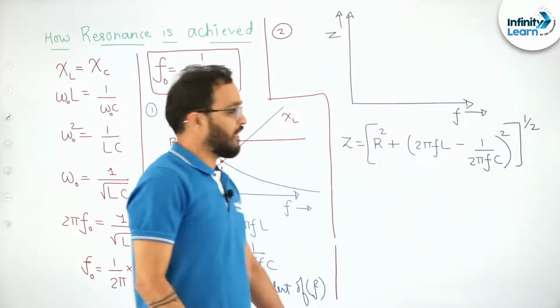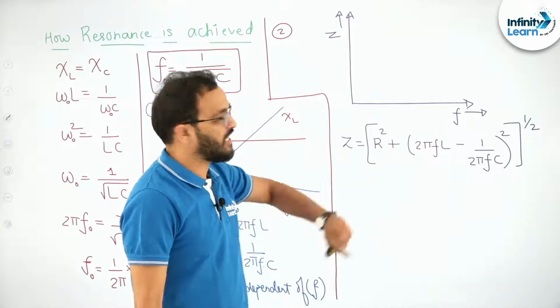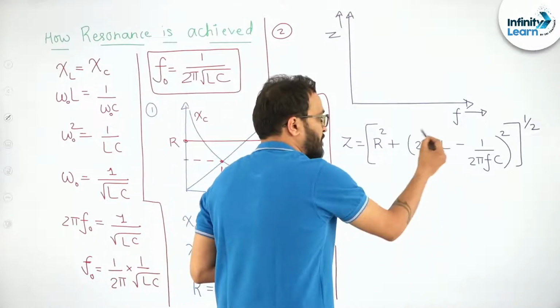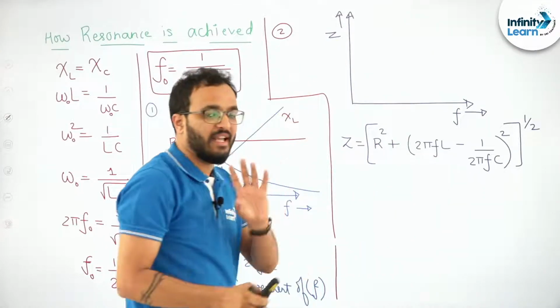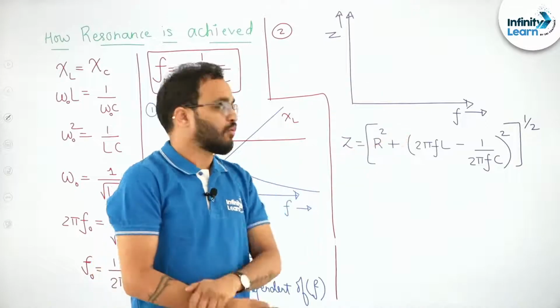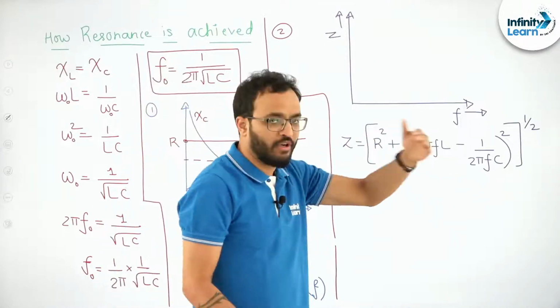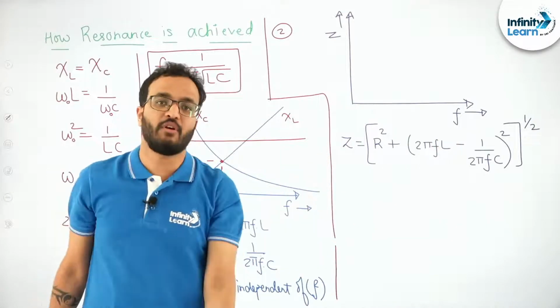Now if you increase the value of f, what will happen? This particular parameter will rise, that means XL will rise. So overall Z will rise, right. And if you reduce f, then what will happen?